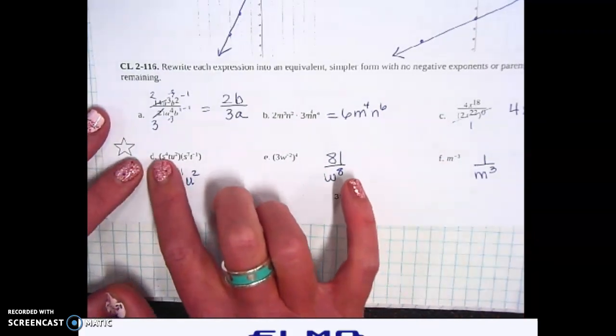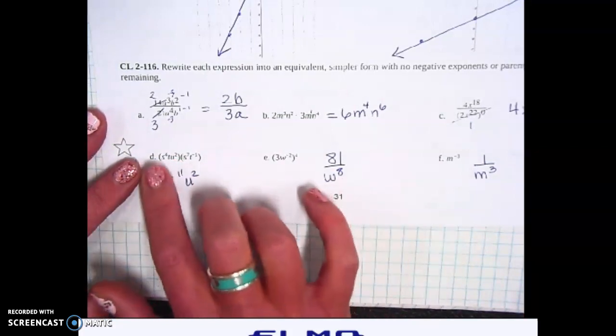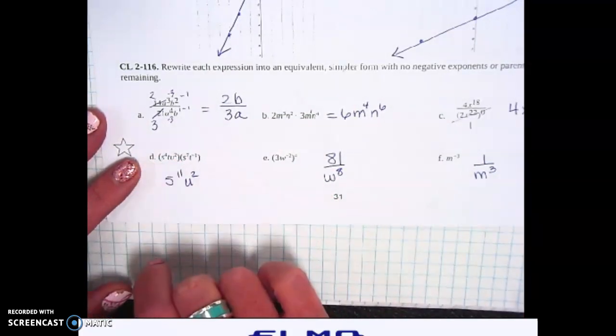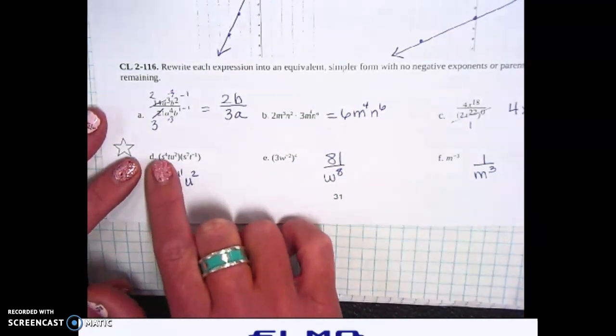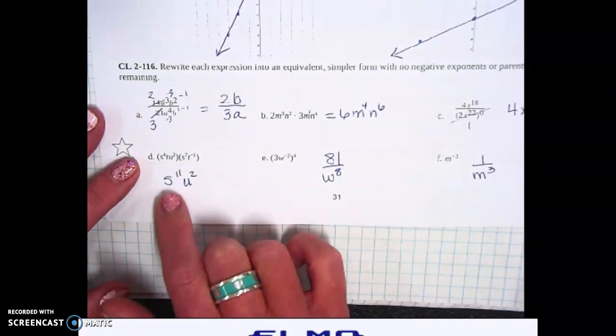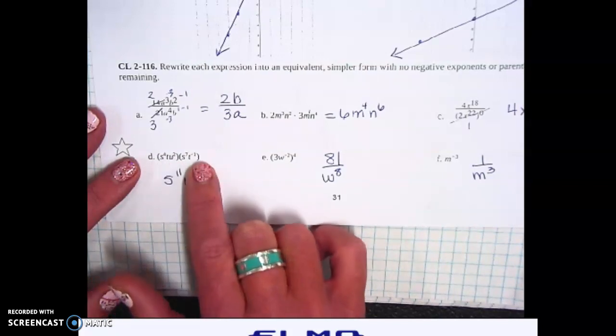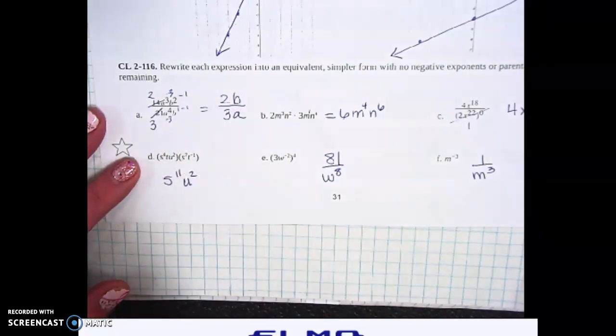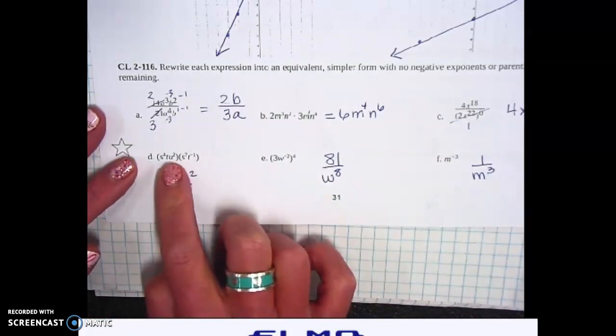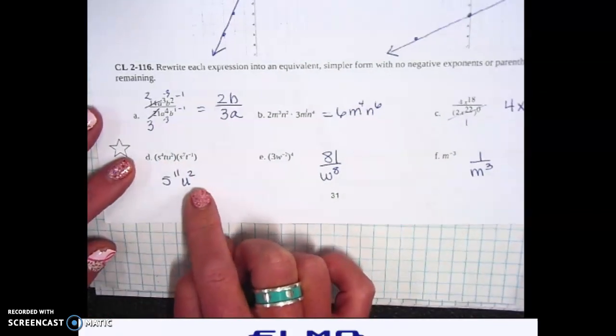Part D, when you multiply across, you want to add the exponents. So I had a 4 and a 7 exponent on the s, so that's s to the 11th. t to the first and t to the -1st, so that goes to 0, and anything to the 0 power is 1. And then u squared, nothing to combine with it, so it's just u squared.